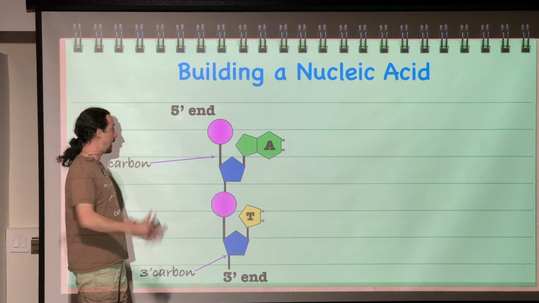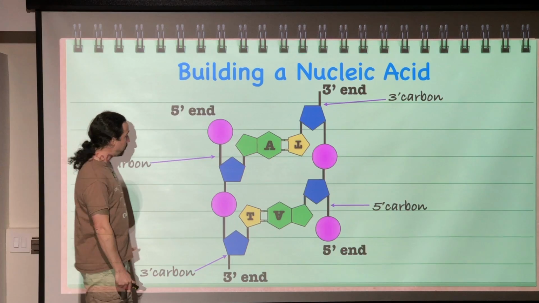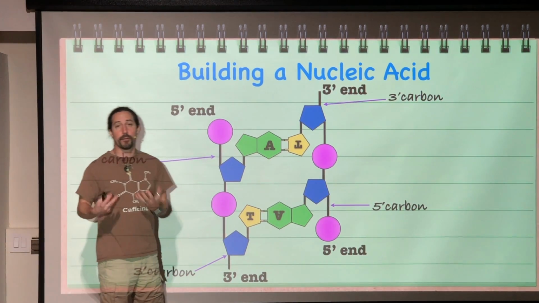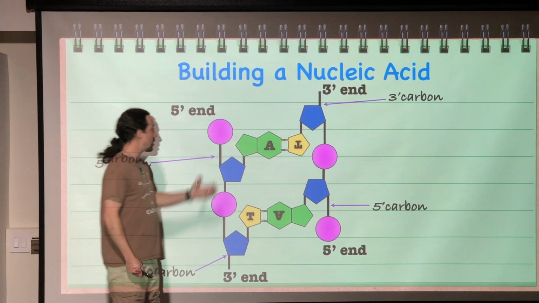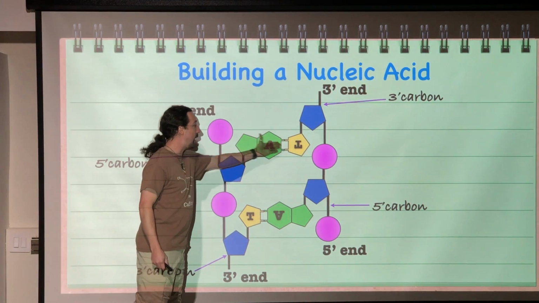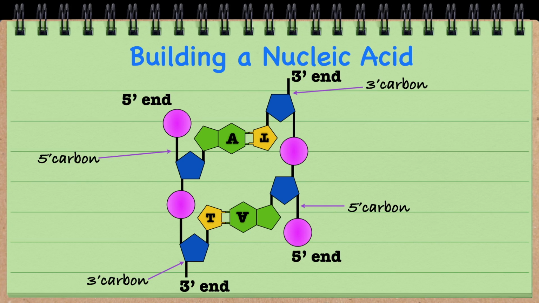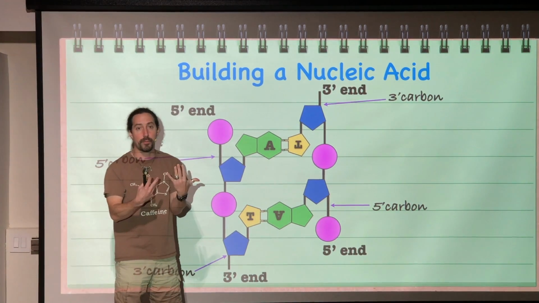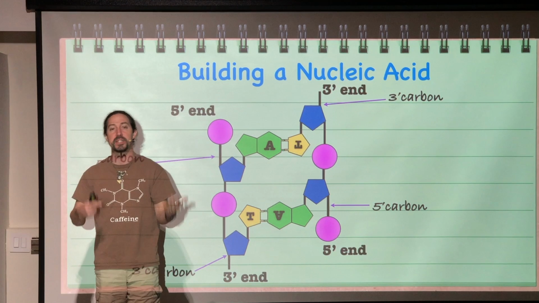Unlike RNA, DNA will be double-stranded, based upon hydrogen bonding that exists between the different nitrogenous bases. So adenine is able to hydrogen bond to thymine, and then you have two hydrogen bonds that hold them together. You will also notice that the orientation of both of our strands is in opposite directions.